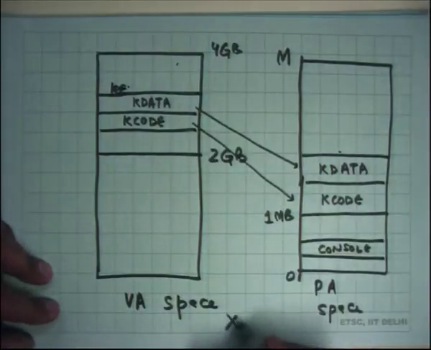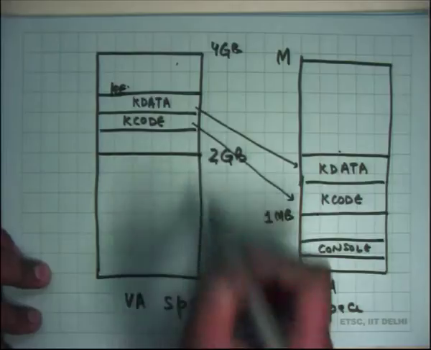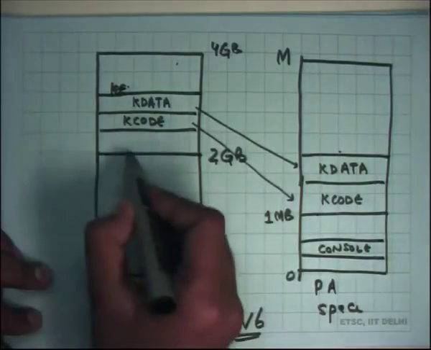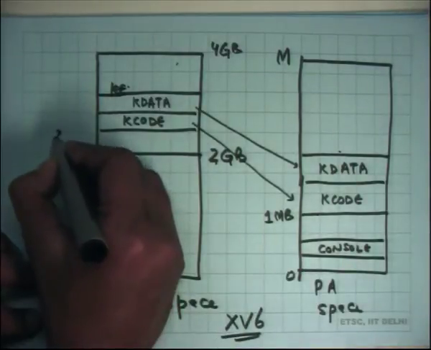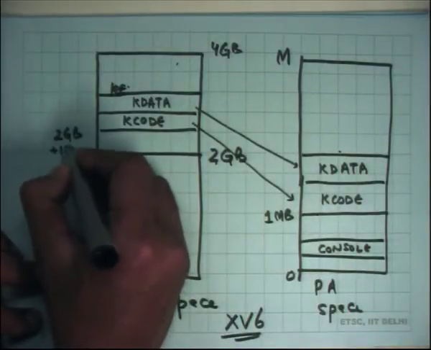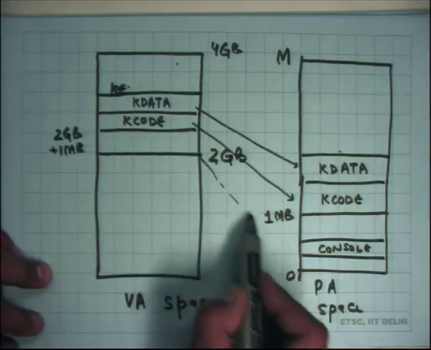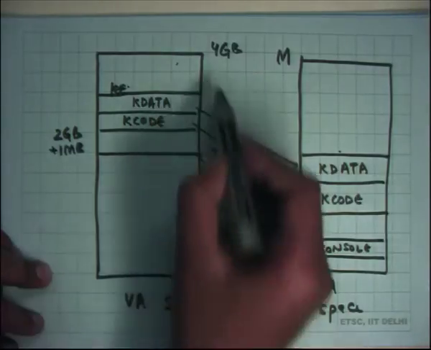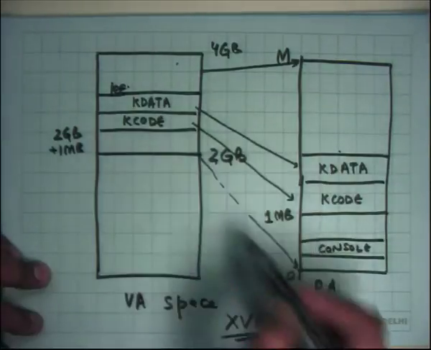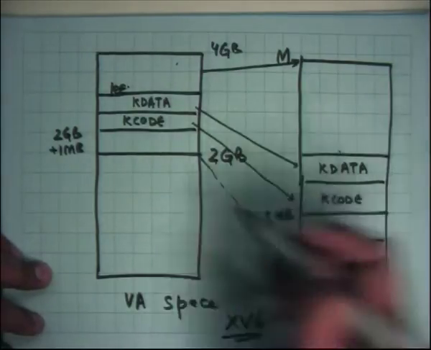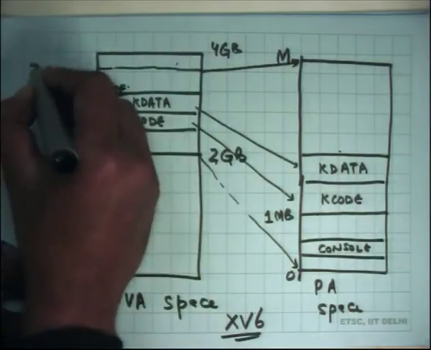Let's look at how x86 does this. It says 2 GB is what the process will get in the virtual address space. Above 2 GB is the kernel. It maps the region from 2 GB to 2 GB plus M, where M is the size of the physical memory, to 0 to M in the physical address space.